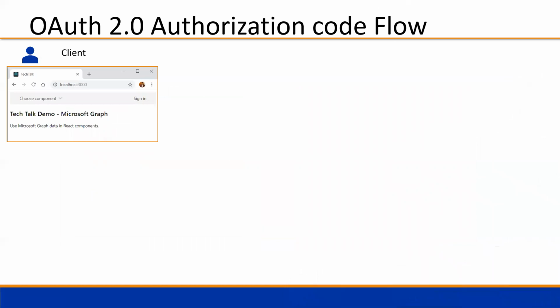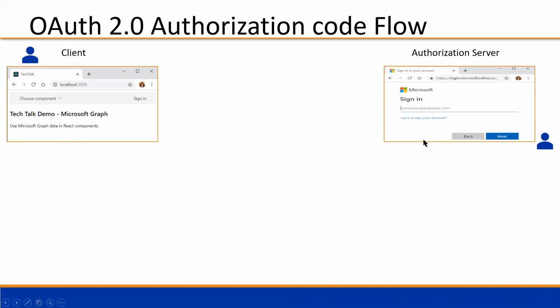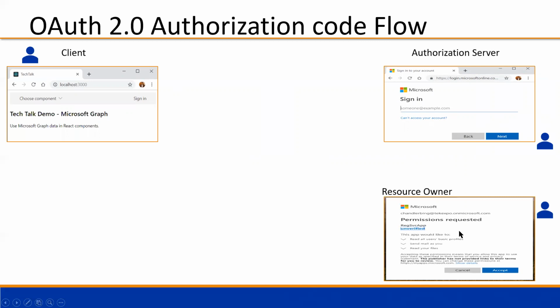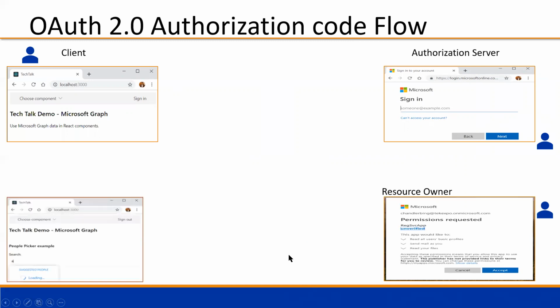In the OAuth world, the OAuth protocol has different entities. We have a resource owner, who is the actual user, and the client, which is the web application. We have an authorization server and a resource server.